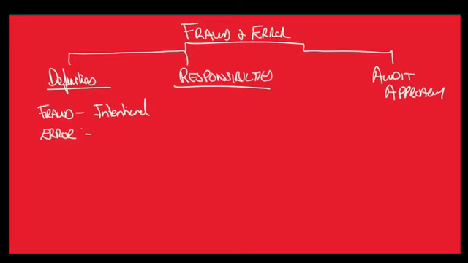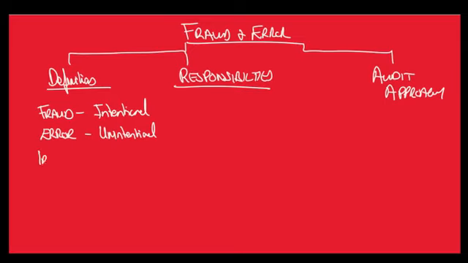Error is obviously unintentional. Really important, unintentional. So that would include things like omitting a disclosure, a mistake in gathering the data from where the accounts are prepared, an incorrect accounting estimate due to an oversight, not that you're doing it on purpose.